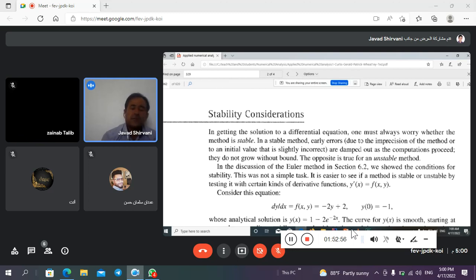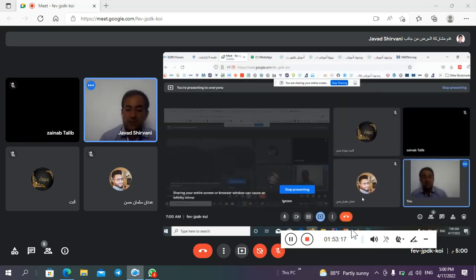If the errors are bounded up to some values, we say that this algorithm is stable, and a stable algorithm is a kind of algorithm we can rely on in our computation, for example, in science or in engineering or in economy or other branches of science.